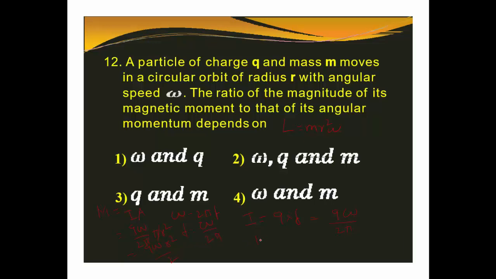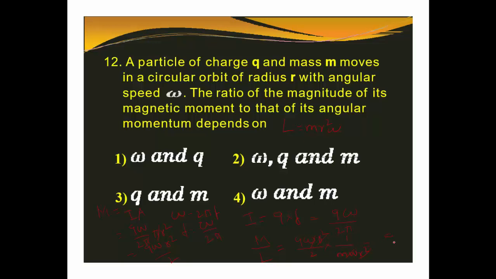Now I have to calculate the ratio of magnetic moment M divided by angular momentum L. M is q omega r square by 2, and L is m r square omega. Here the omega term cancels, and the r square term cancels.